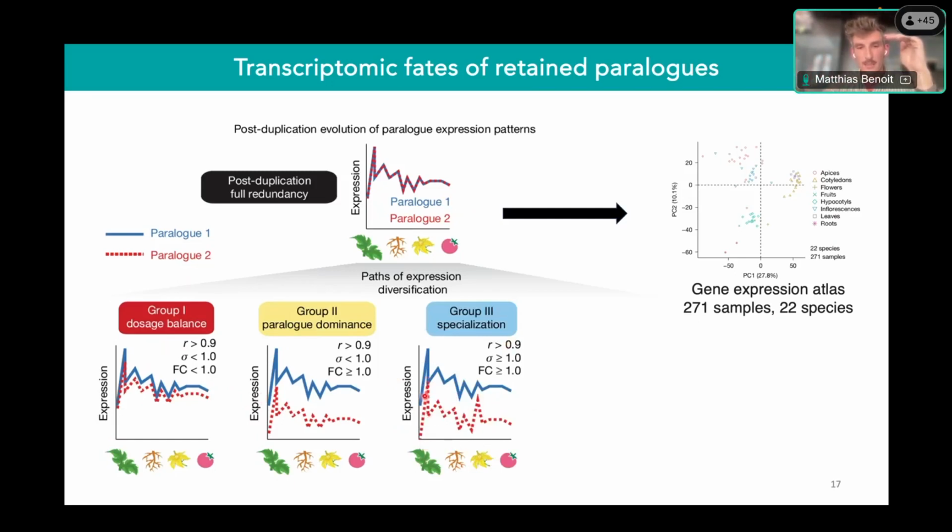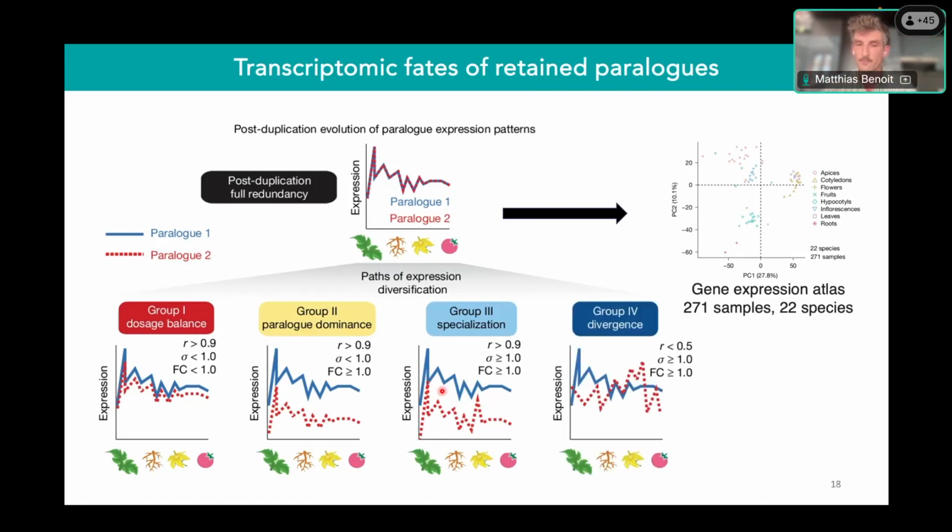Here, you can see that the red gene, paralogue number 2, is largely downregulated compared to paralogue 1, but there are tissues in which this particular paralogue retains the same expression level and pattern, right? So that means that in this group, the new paralog could acquire some kind of specialization. It would become important and relevant only in some tissues.